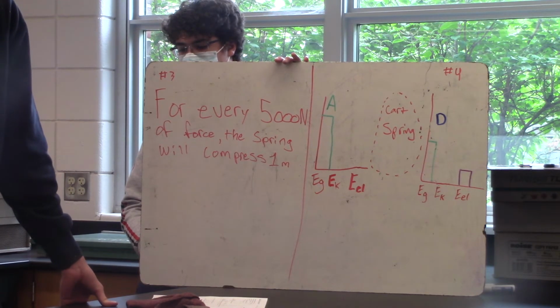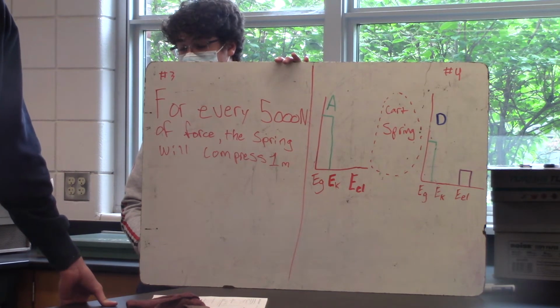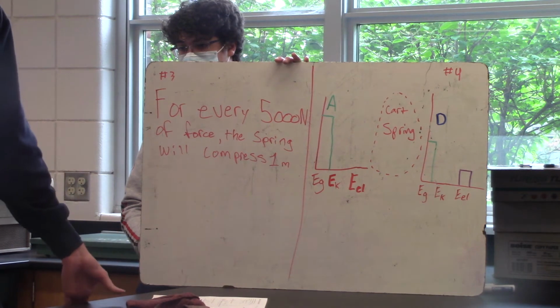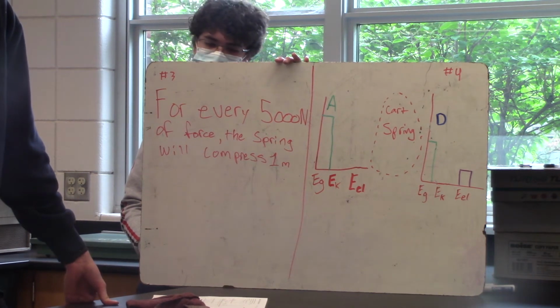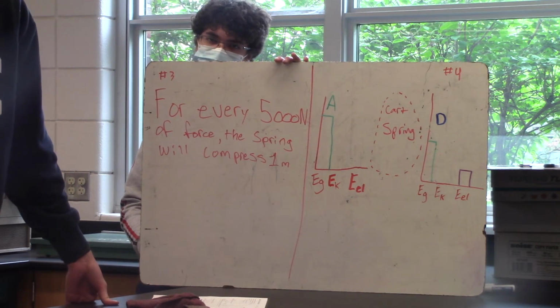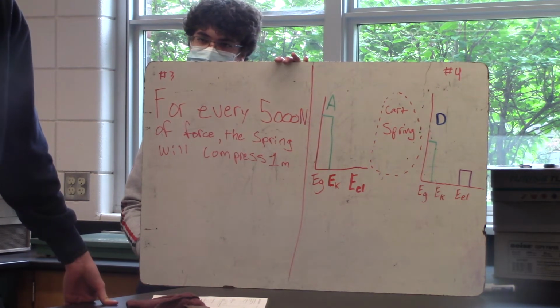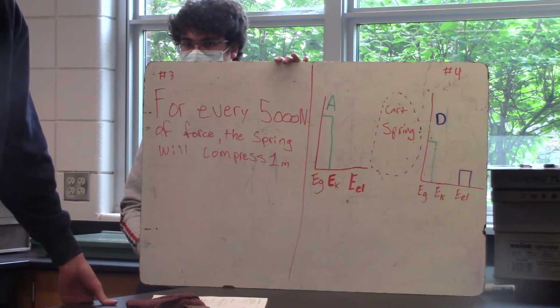No, wait, not kinetic energy, I meant elastic energy. Because it has less height, it has less gravitational energy, and it had to go into the spring, so the 10,000 joules went into the elastic energy. Okay, so this sounds really good, right? What he's saying is 10,000 joules is elastic energy, but now you need to solve that, right?